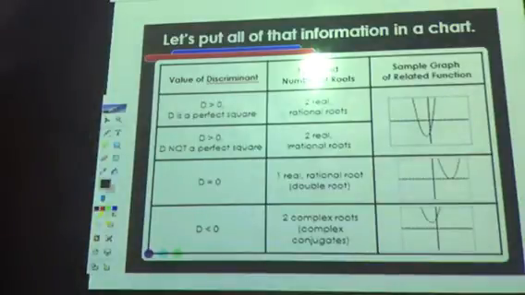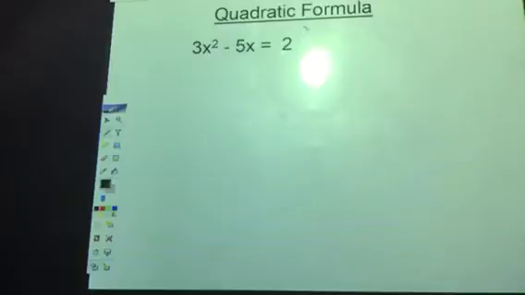Now, if your discriminant is greater than 0, you're going to have two real solutions. And here is an example of the graph. These graphs should look very familiar to you as we have already studied them. Again, please make sure that you get this chart in your notes, and become very familiar with it.